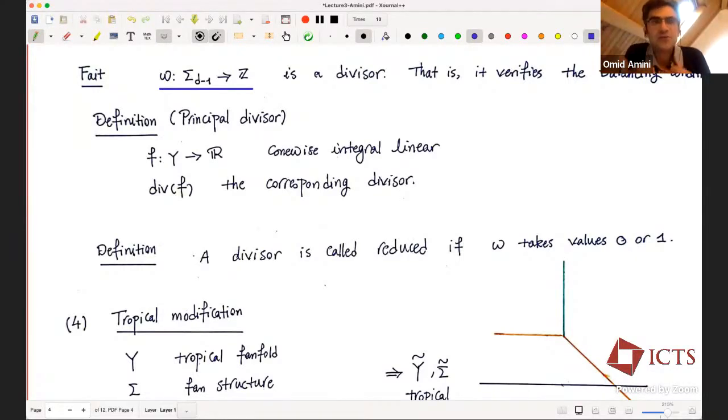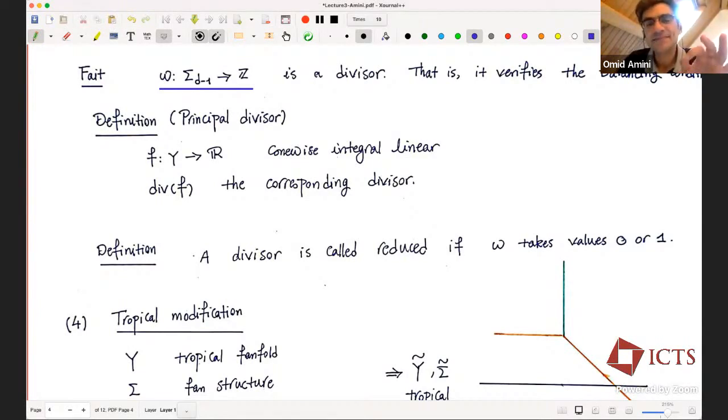If you don't ask the weights to be integers, then you don't need to assume that it is integral. Yeah, I understand. So suppose the function is given. Then for every codimension one cone in your fan, which you call eta, you get a number, a value. For any codimension one cone, you get a number, which is the weight you associate to that cone.